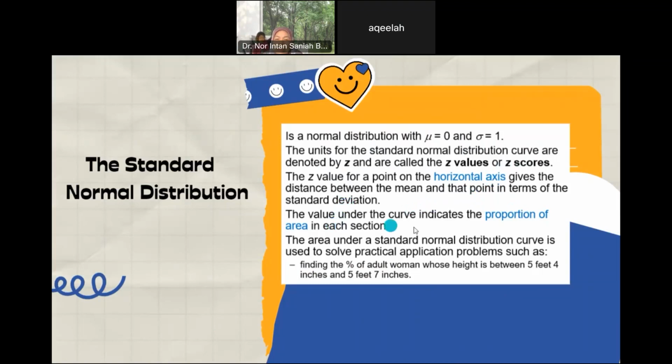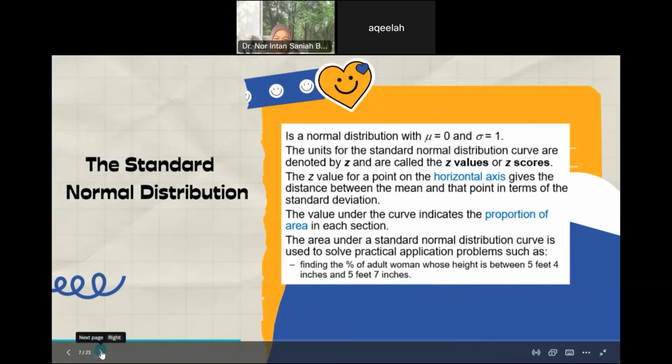The value under the curve indicates the proportion of area in each section. The area under a standard normal distribution curve is used to solve practical applications, like finding the percentage of adult women whose height is between 5 feet 4 inches and 5 feet 7 inches.